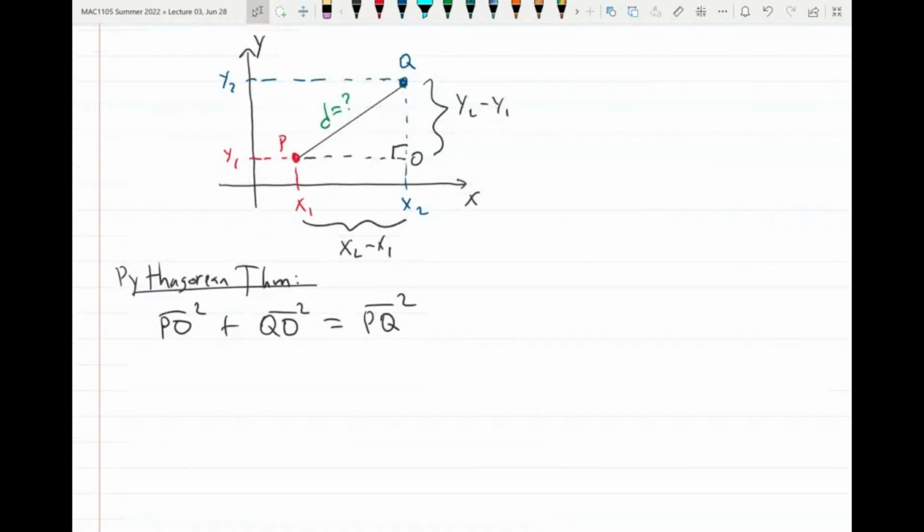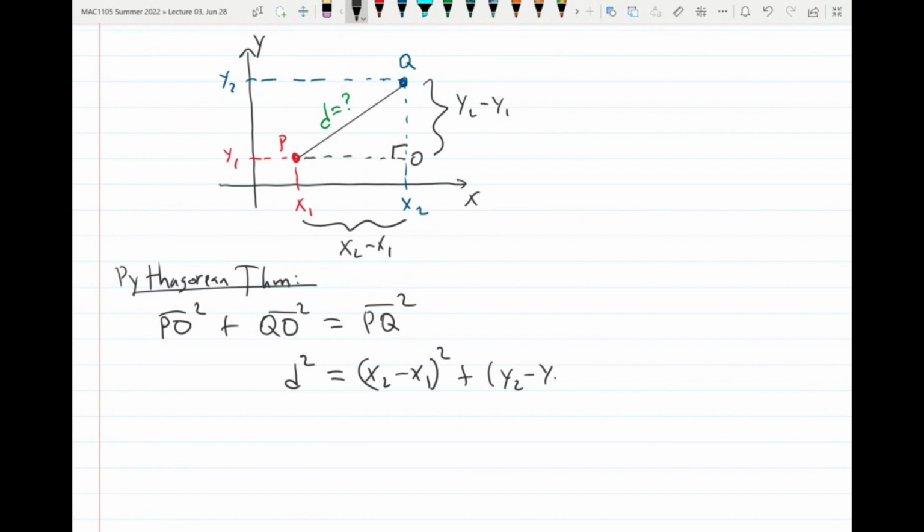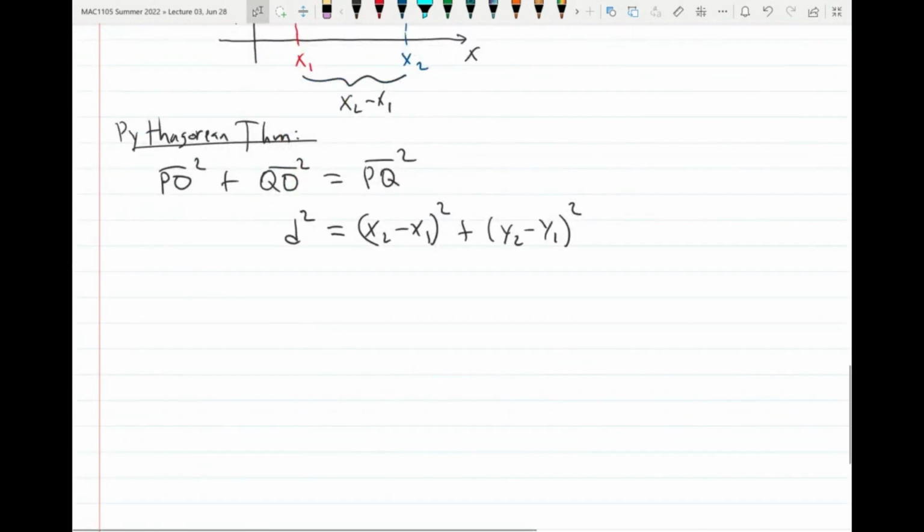PQ is D, so D squared equals PO, that's x2 minus x1 squared, plus QO, that's y2 minus y1 squared. And because we are after D, we take the square root. This time we don't worry about the plus or minus because we're talking about a distance, and distance is always positive. Okay?